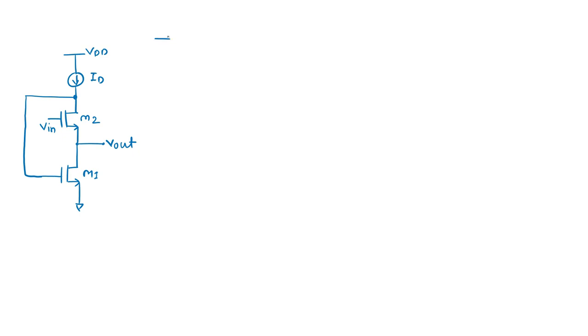Again, an ideal current source is there, here is my input, and this device is biased from this node. For its gain calculation, we will follow the same two steps: one, short circuit transconductance, GM SC, and second, Rout. Let's move one by one.